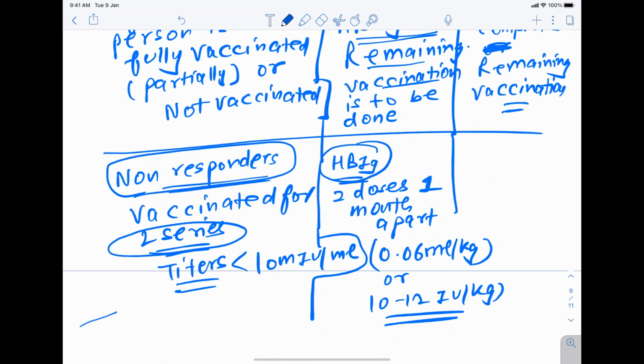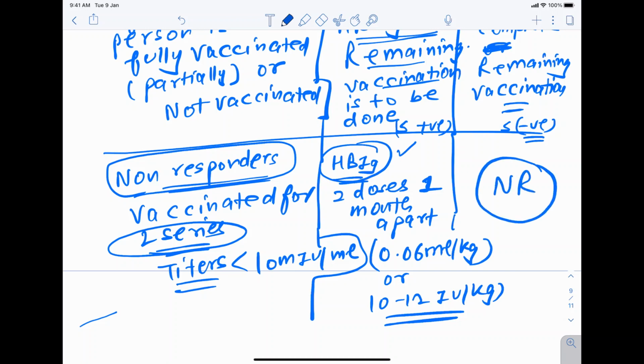So you will go for HBIG, and this I am telling when the source is positive. If the source is negative, then as per the protocol nothing is required, because the source is negative.